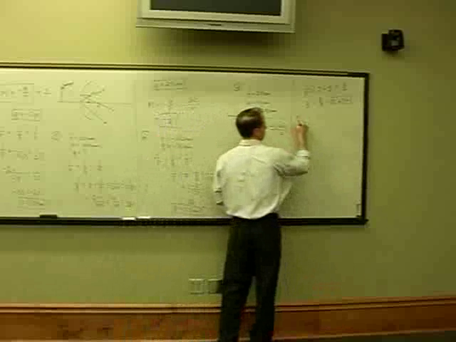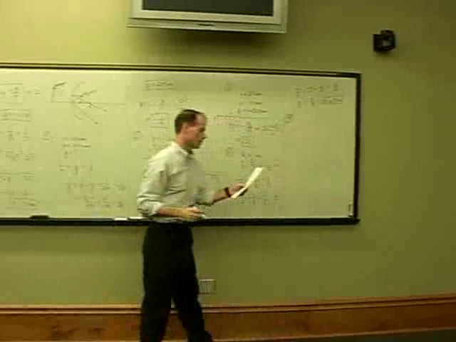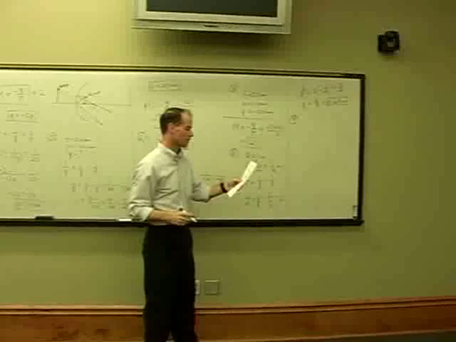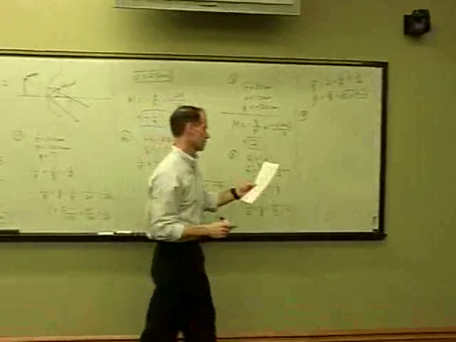Problem number 9. An object 4 centimeters high is placed 15 centimeters in front of a convex mirror with a focal length of minus 10 centimeters. What is the image position in centimeters? Let's write down what we know on this one. An object 4 centimeters high.